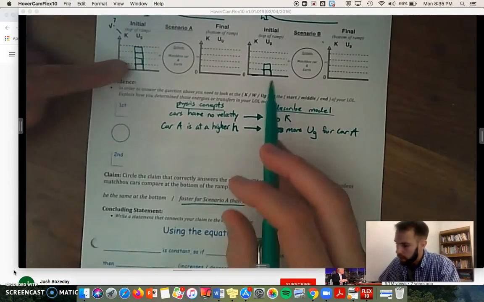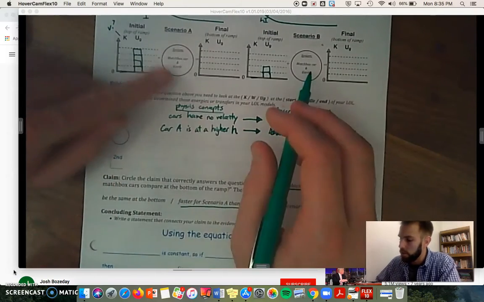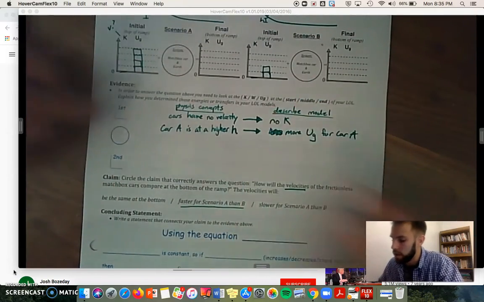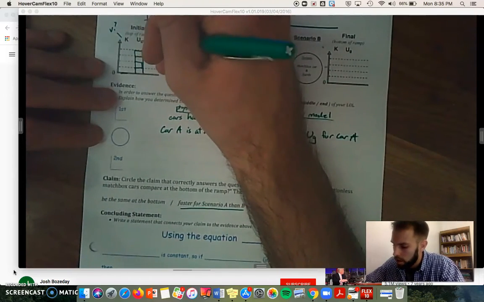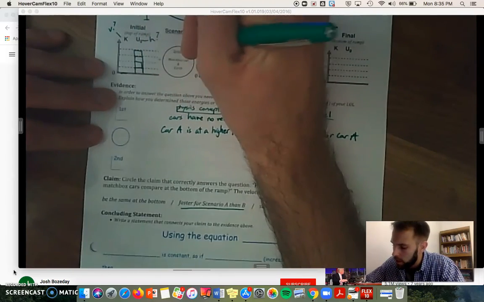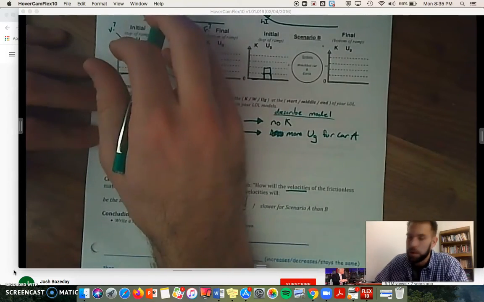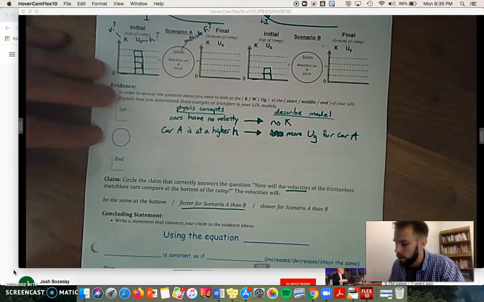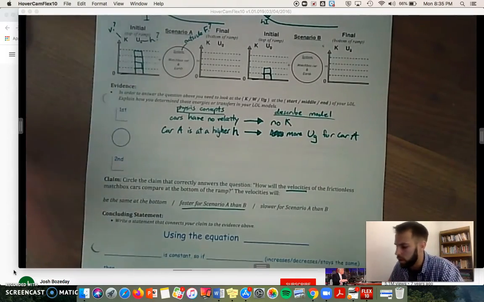So I've drawn my first LOLs, and now I'm going to move on to the scenario to see if I'm going to have any work going in or out. Remember, the question for work is always: is there an outside force? It says here that we have these frictionless Matchbox cars, so no outside force, and that's not going to cause work to go in and out.